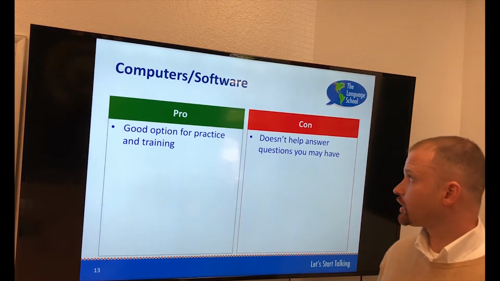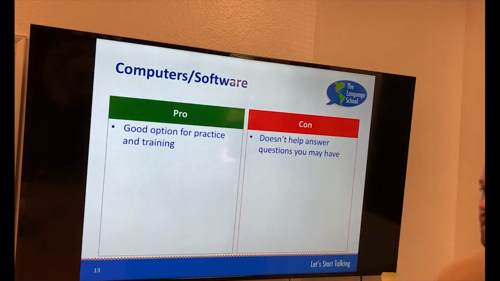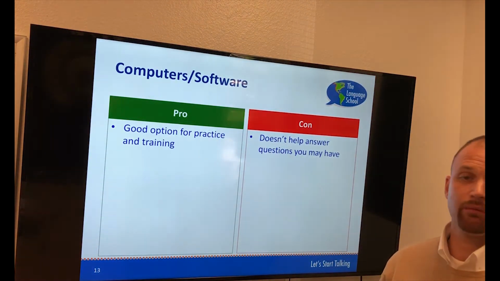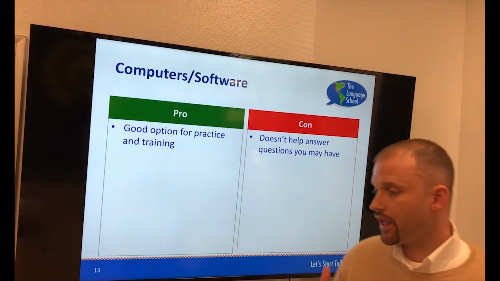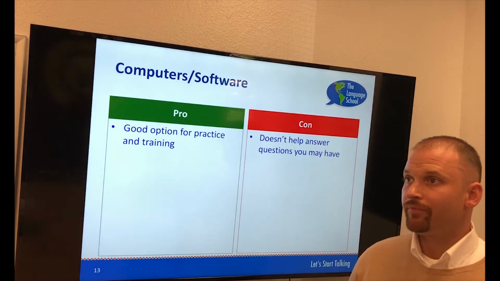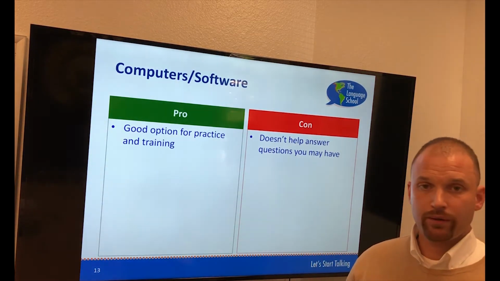Okay, so now I'd like to talk to you a little bit about computers and software. First, let me start off by saying I recommend software applications to all of my students. I think they are really great ways for getting extra practice outside of class. And learning a new language takes practice.